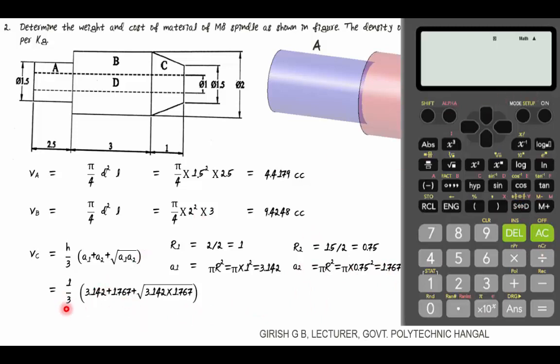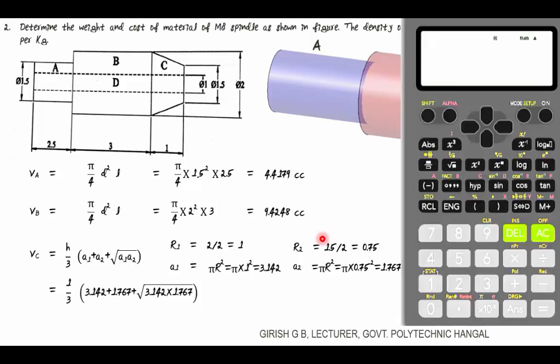Here, 1 divided by 3, that is the first step, into the bracket, 1 divided by 3, into, again into the bracket, this will be x plus y plus root of x into y. For giving the value x in the calculator, we are going to take the help of the option alpha, alpha x. Let's do it in the calculator.